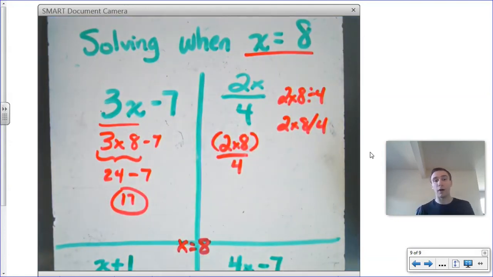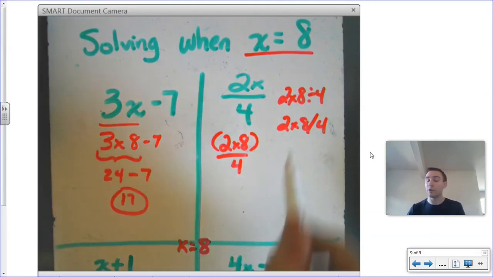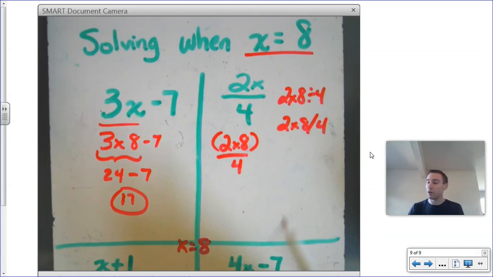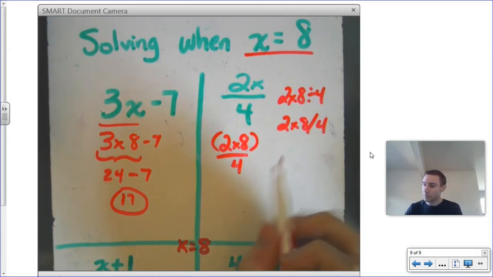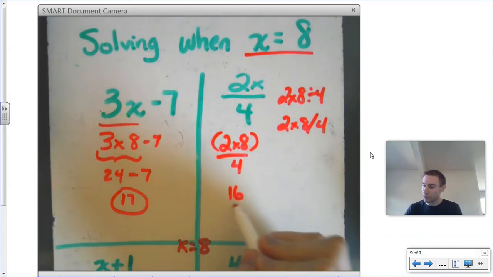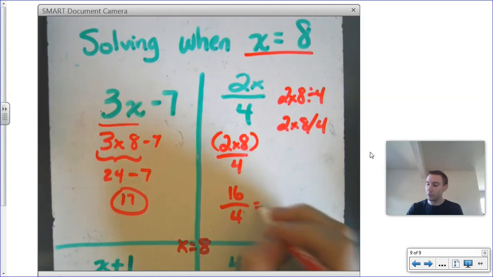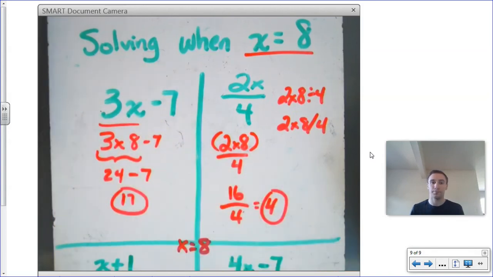So order of operations shows me that flat on one line from left to right, I'm going to do 2 times 8 first, and then I'm going to divide by 4. So 2 times 8 is going to equal 16, and then I'm going to have my 4 left in my denominator. So 16 over 4, 16 fourths is 4 whole.